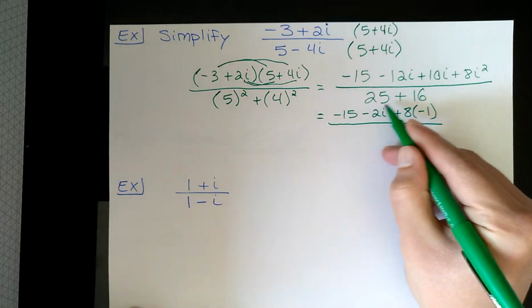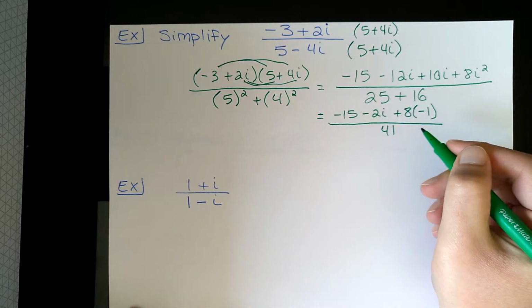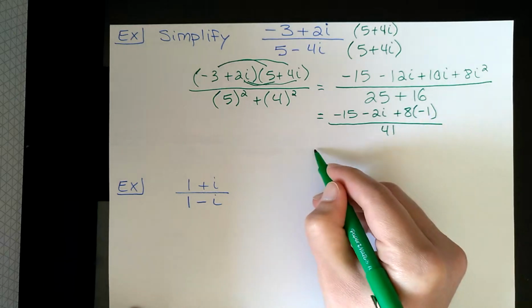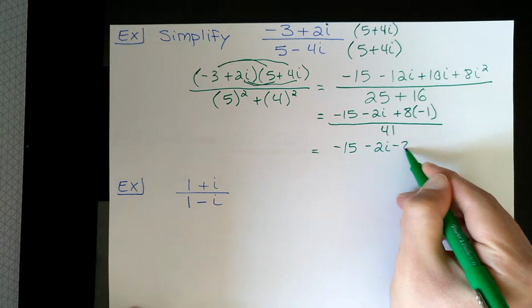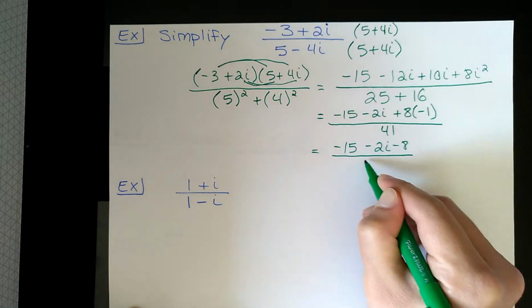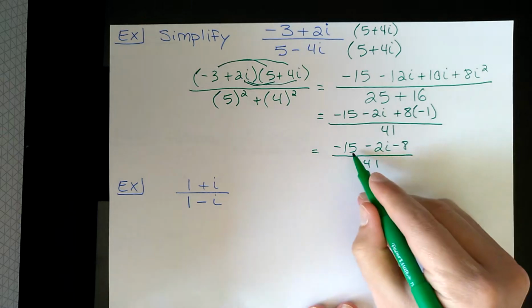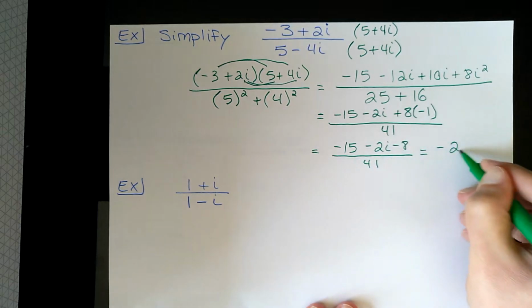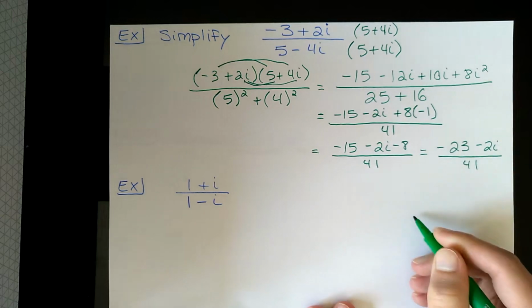And that's all over 25 plus 16 is 41. 8 times this negative 1, we can simplify to become minus 8 all over 41. And negative 15 minus 8 gives us negative 23 minus 2i over 41.